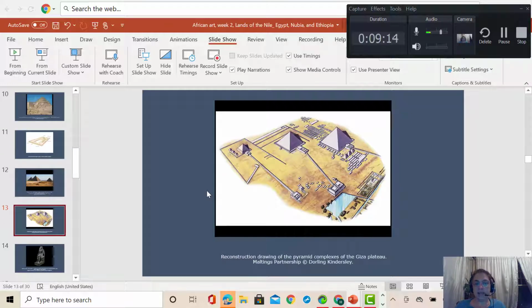And here is a reconstruction of it, and you can really see that this is what I'm saying. It's a necropolis. It's a whole complex. And the one here in the middle, we have the Great Sphinx here. And the Great Sphinx, if you know that image, is quite large. People stand on it. It's much bigger than a person.